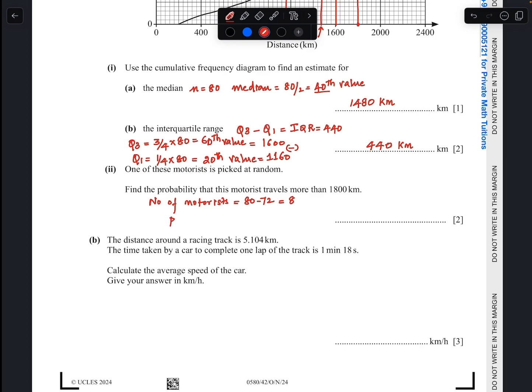So the probability will be equal to 8 by the total motorists, which are 80. So 8 by 80, which is equal to 1 by 10. You can write 1 by 10 or 0.1.